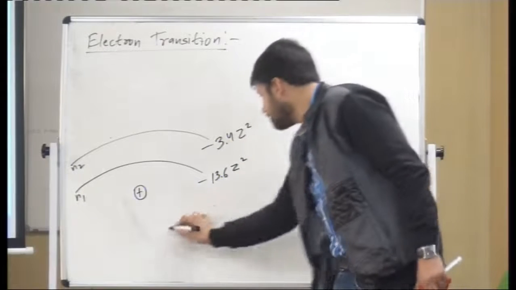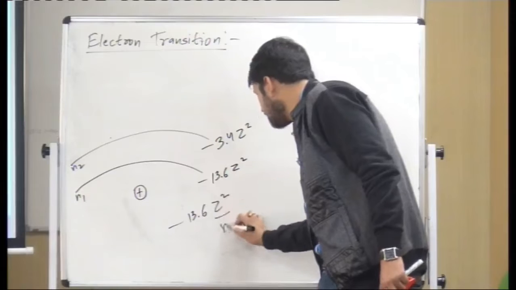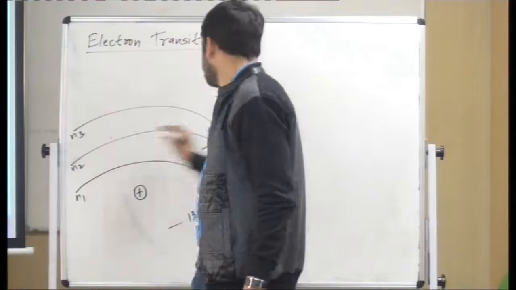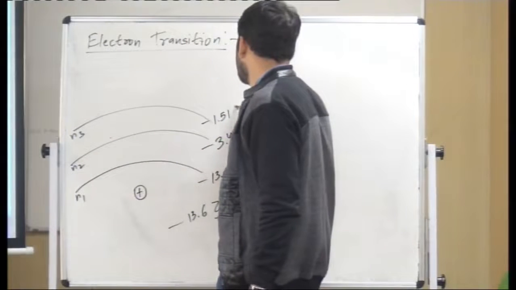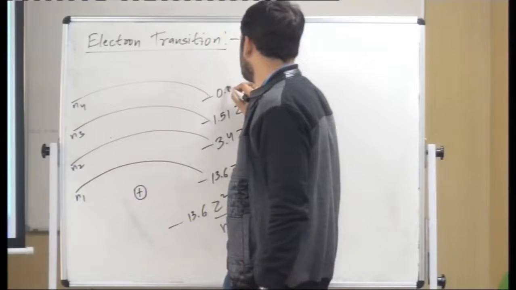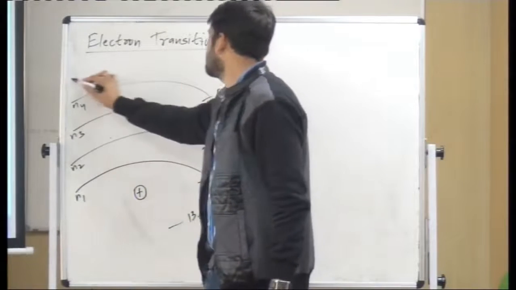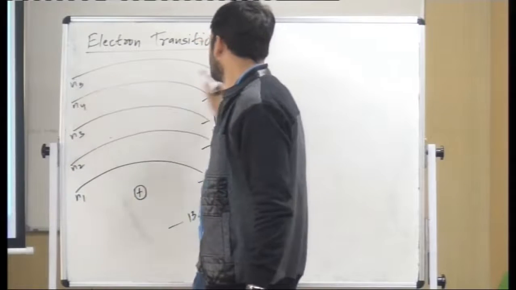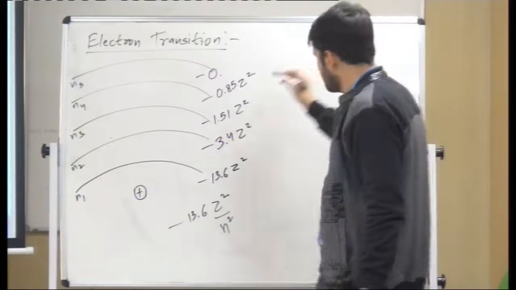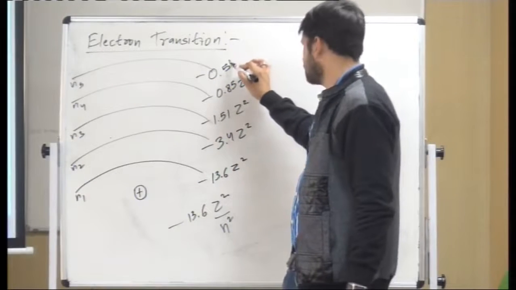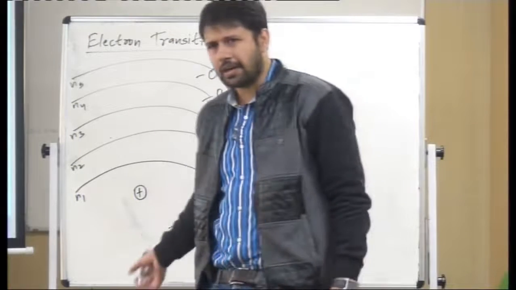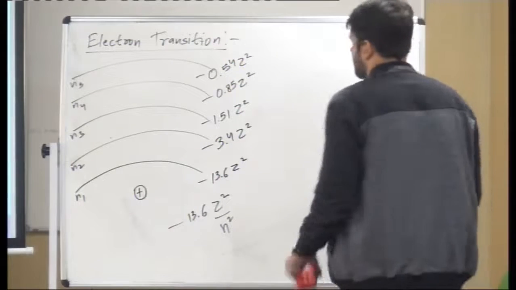You remember the formula is minus 13.6 Z square by n square. I'm just putting the values of n. It becomes handy if you remember them. This is minus 1.51 Z square. n4 is minus 0.85 Z square, and n5 is minus 0.54 Z square, right? The rest we need not remember. You can apply on the spot.